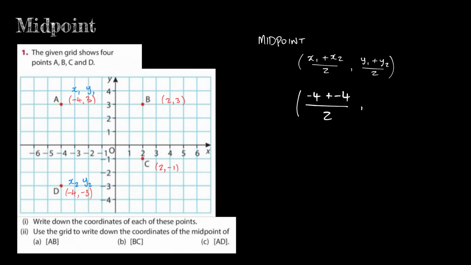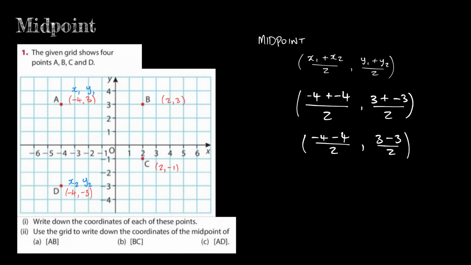And my y coordinates will be y1, which is 3, plus -3, and divide that by 2. So effectively what I'm doing there is I'm saying -4 minus 4 divided by 2. And here I'm saying 3 minus 3 divided by 2.